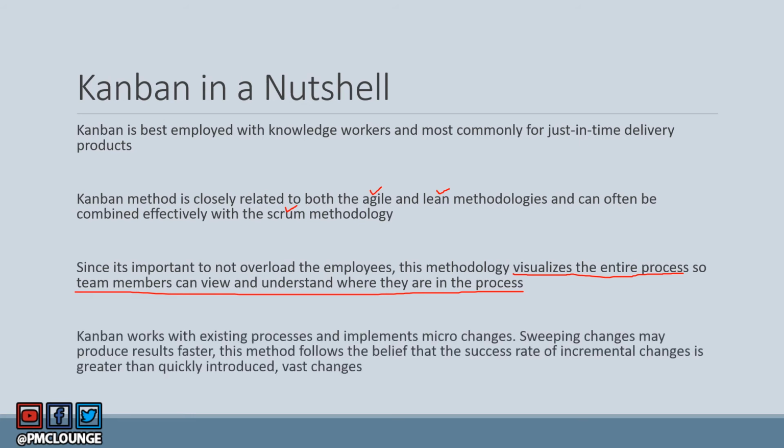Now, Kanban works with existing processes and implements micro changes. This is again another important point when it comes to Kanban. We are implementing micro changes here. Sweeping changes, big, large changes, will produce results faster for sure, but the Kanban method follows the belief that the success rate of incremental micro changes is greater than quickly introduced vast changes.